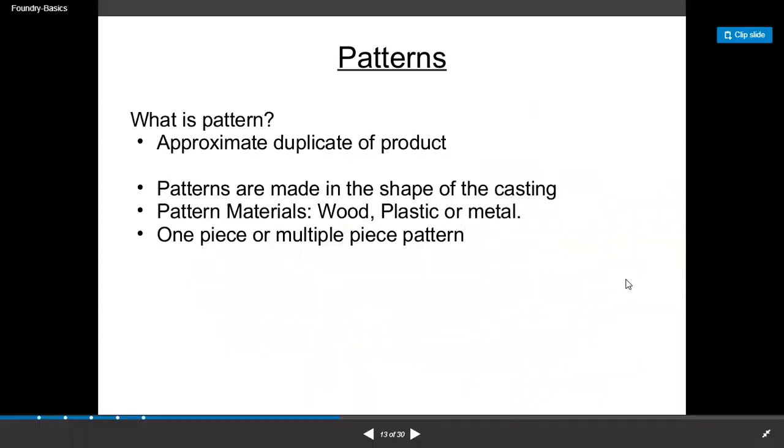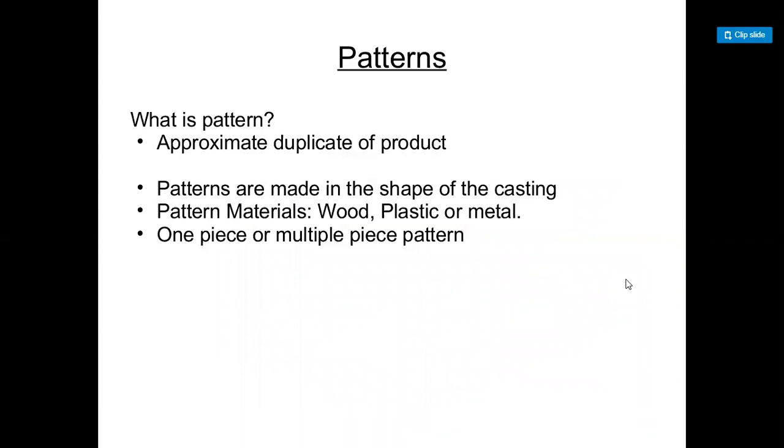So what is a pattern? It is an approximate duplicate of the product. Suppose you are preparing one rectangular hollow box. The same type of product is prepared with sand or wood.